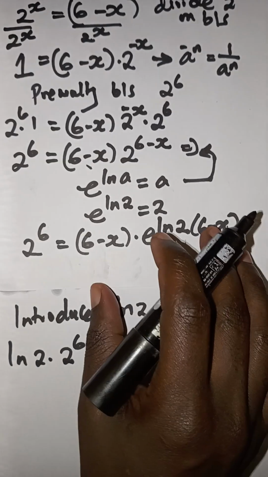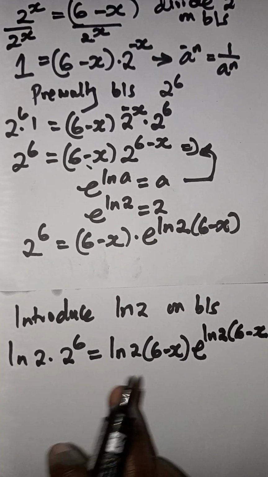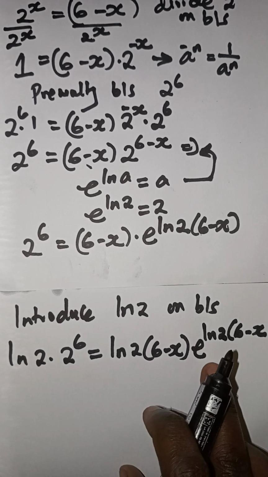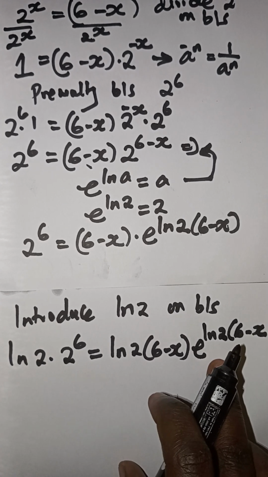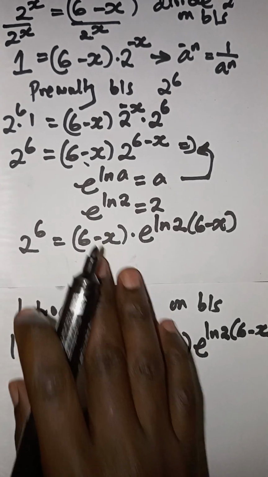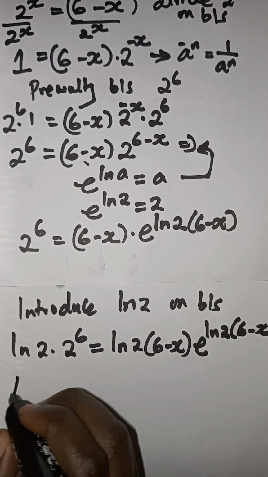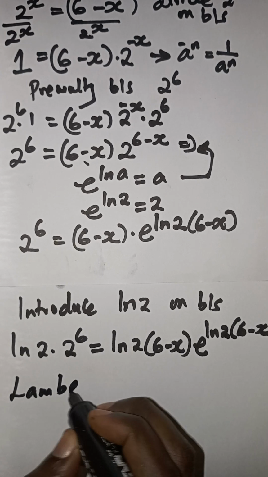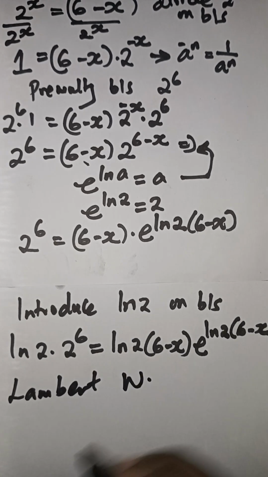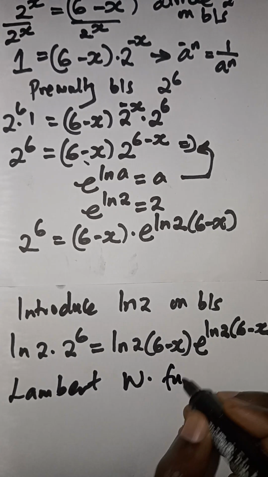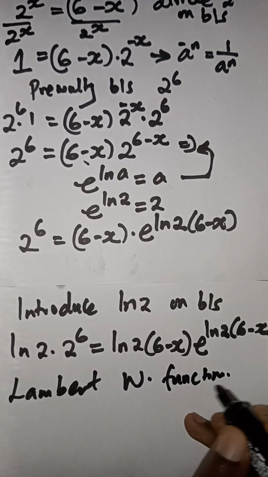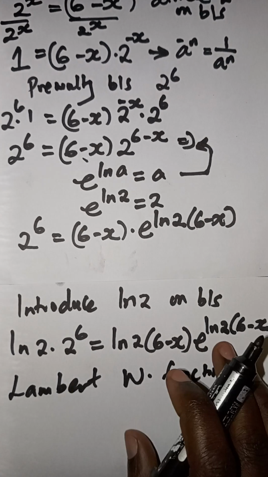So guys, you realize that I have the natural log here and an exponential. In order to solve it easily, I'm going to introduce the Lambert W function on both sides of this equation.